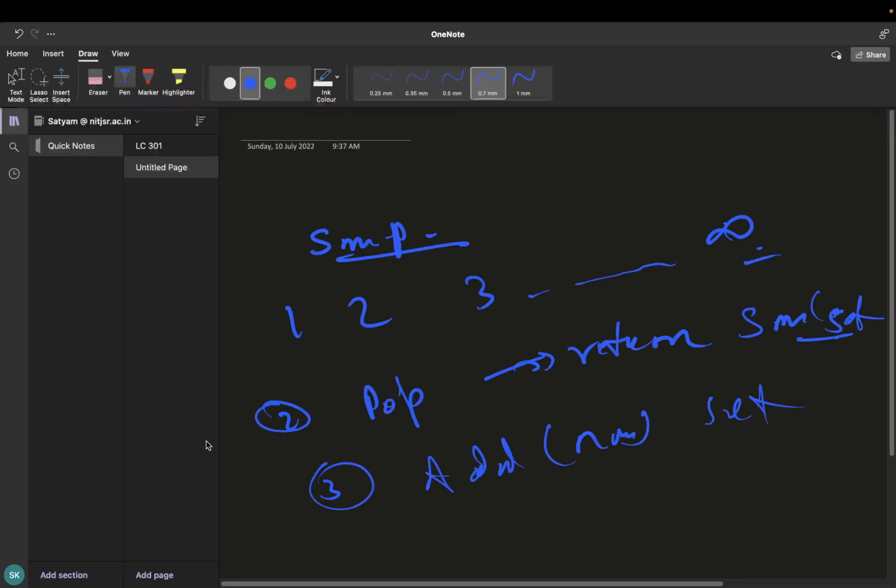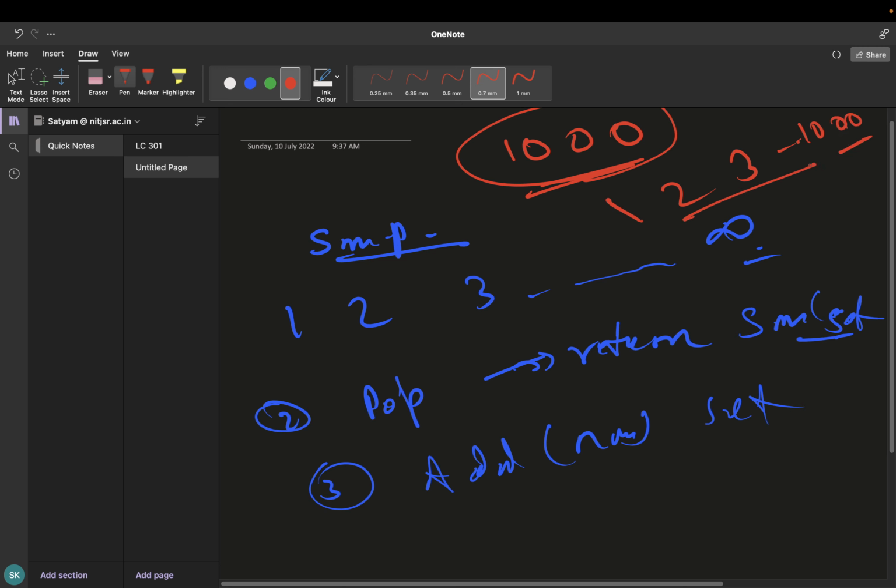Our work can only be done with up to 1000 natural numbers, because each time we call pop smallest, we can go up to 1000 and return that smallest.